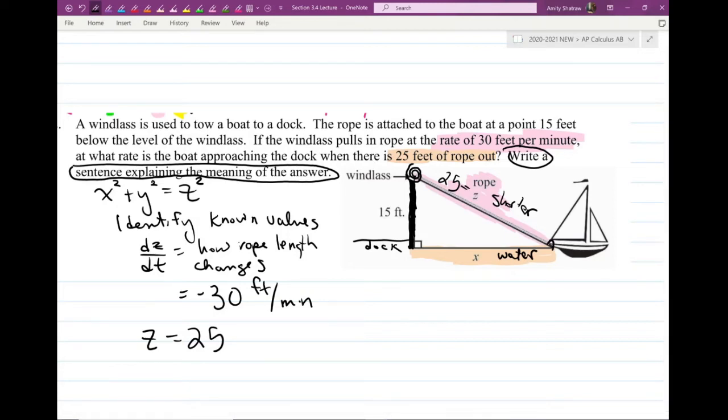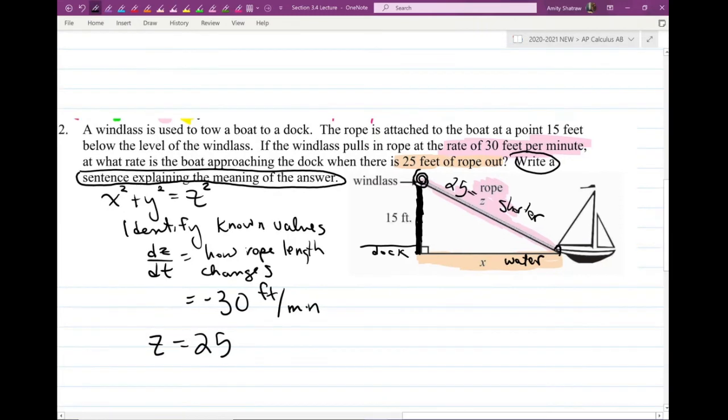The rope is changing, so how many feet there are out will change every single minute. It's pulling stuff in relatively quickly, changing by 30 feet per minute. So this boat is going to get reeled in in less than a minute because there's 25 feet left out. That's where we are, right here. This distance is 25, and after a minute, it will have already been pulled up.